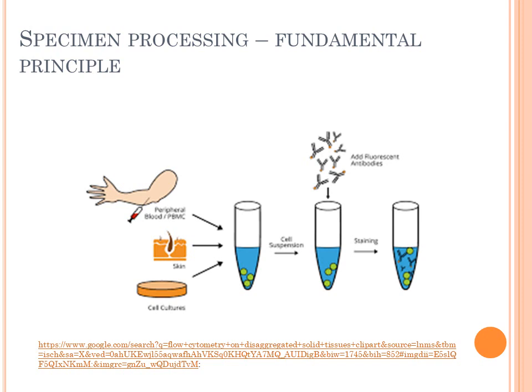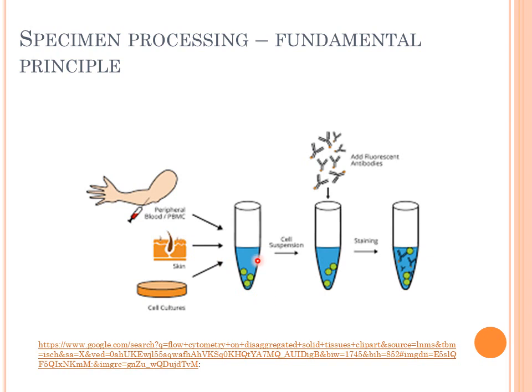This simple graphic reiterates the specimen processing aspect of this, whereby the specimen is collected from the patient according to what the doctor has ordered. The cells are going to be prepared in the appropriate container. If they've come, say, from a tissue specimen, it may need to be broken up appropriately, but the point is we want to end up with individual cells.